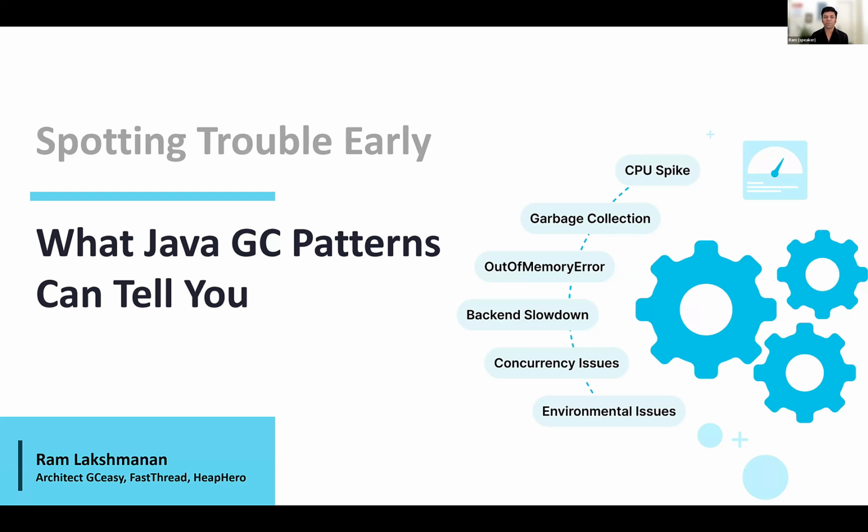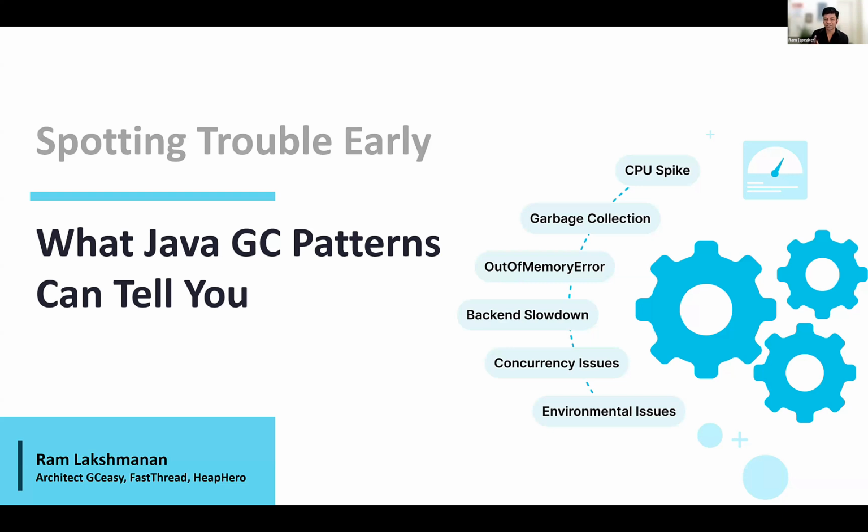I would like to welcome all of you to this month's webinar, Spotting the Trouble Early: What Java GC Patterns Can Tell You. Friends, there are patterns everywhere. All throughout the world, there are patterns in every place, right? But GC patterns, if we see, we all look at the garbage collection behavior.